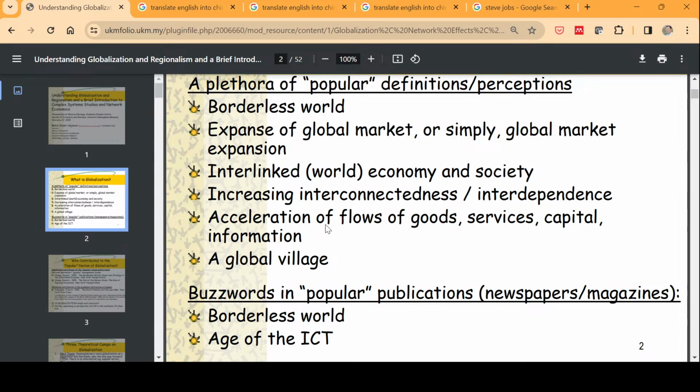But I'm just showing what it is. This is the complex system study that we're going to learn after this. But first, we're going to learn the network effects, which is network economics.